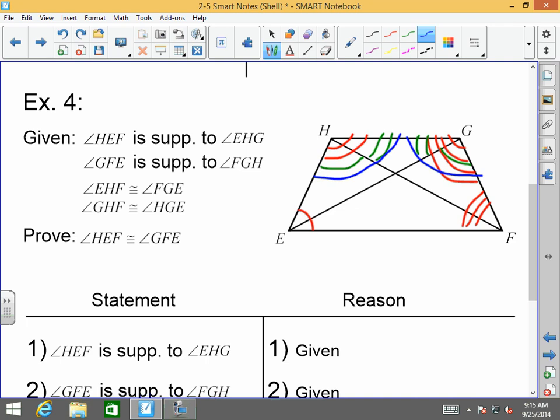But then I know that HEF and GFE are supplementary to those angles. So therefore, if angles are supplementary to congruent angles, then they are congruent, proving what I wanted to prove.